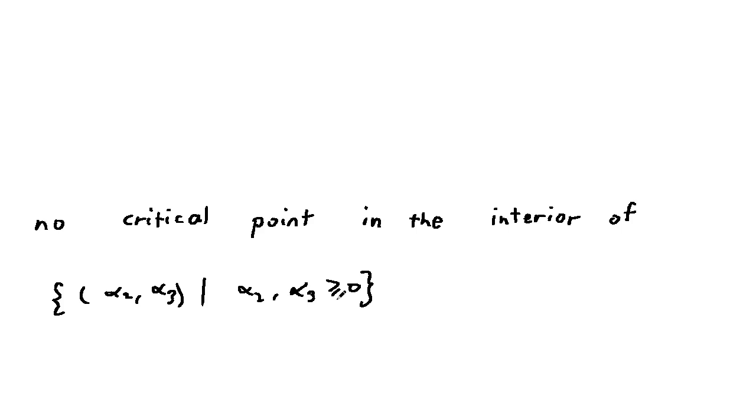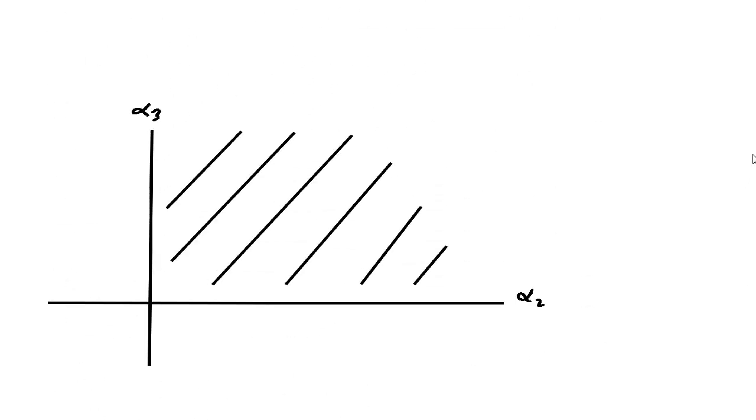We need to check the boundaries where alpha 2 is 0 and alpha 3 is 0. That's this line here and this line here, so the boundary of this quadrant.